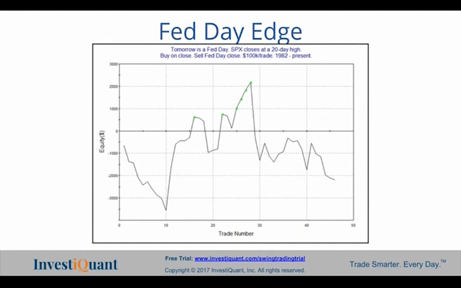So that was another warning flag to me that the edge may not be as strong as the odds were suggesting, because we're overbought and going into a Fed day. Those are the kinds of things that go through my mind.